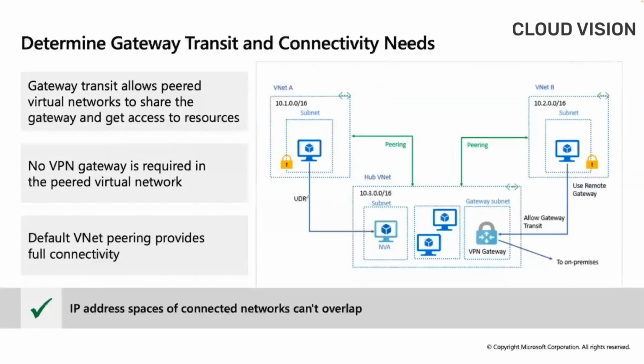Then, if you have transit and connectivity needs, you can use this peering. So make sure you understand the peering concept. Transit allows the peered virtual network to share the gateway and get access to resources. No VPN gateway is required in the peered virtual network. So instead of having a VPN gateway, you can just use the peering virtual network, and default VNet peering provides full connectivity.